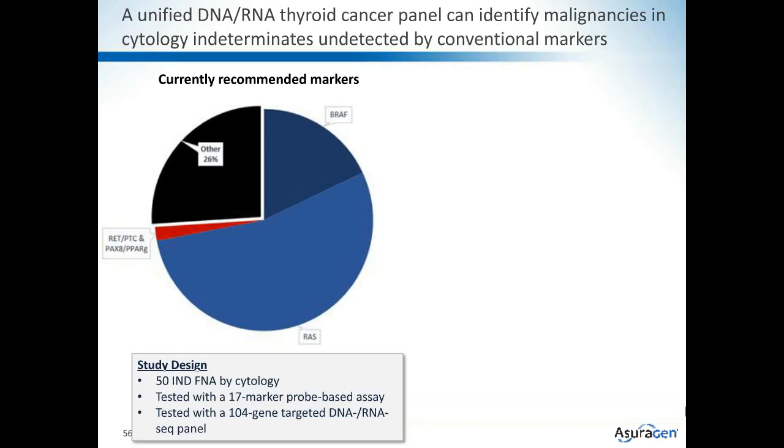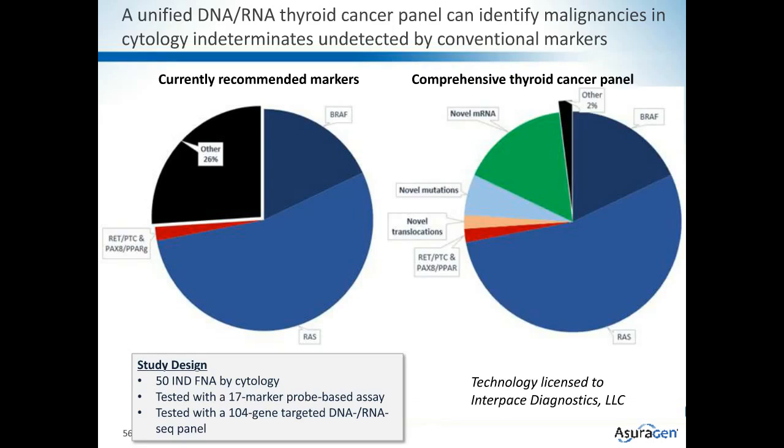In this case, you can see we can seal the gap and we can explain the dark matter of this hole that's unexplained with the conventional marker set. So we're still calling these, of course, the BRAF and the RAS and the conventional translocations, but now we can close this gap of malignancy with novel translocations, novel mutations, and importantly, novel expression markers, so that we can explain almost the totality of this pie.